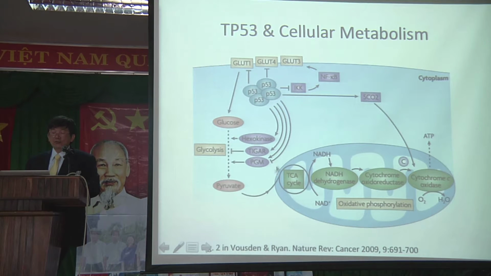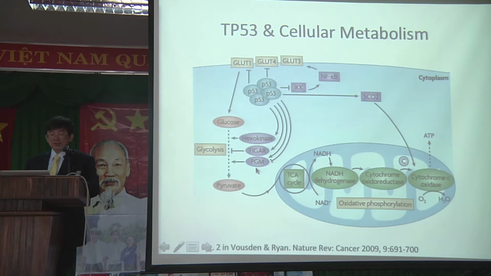And p53 also regulates PGM, phosphoglycerate mutase. But this regulation is an inhibition, not by induction of gene expression. It is through regulation of protein stability rather than a direct effect on transcription.